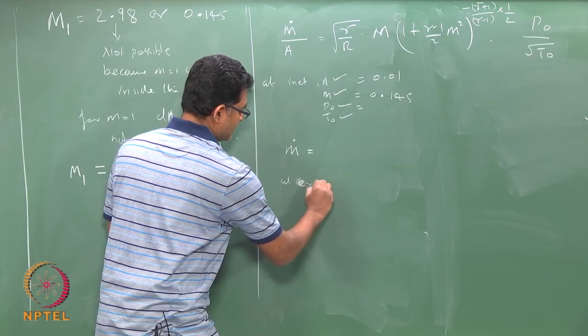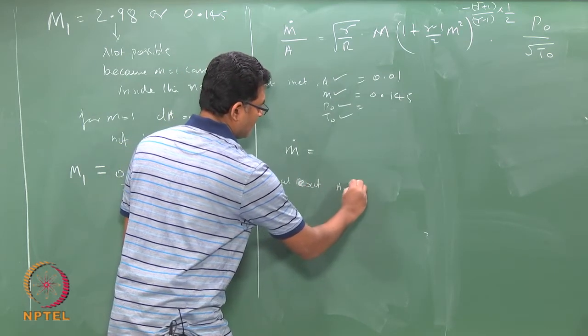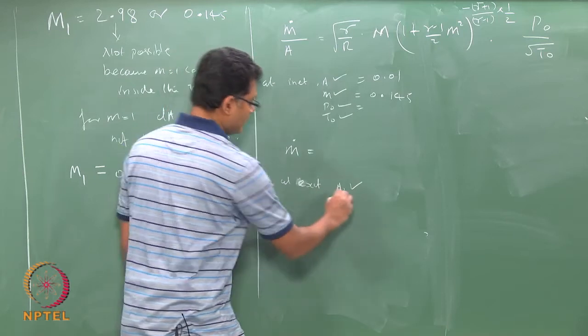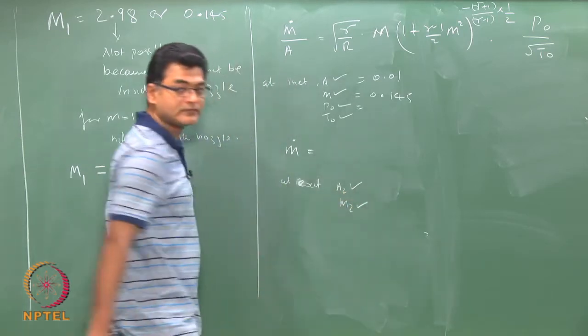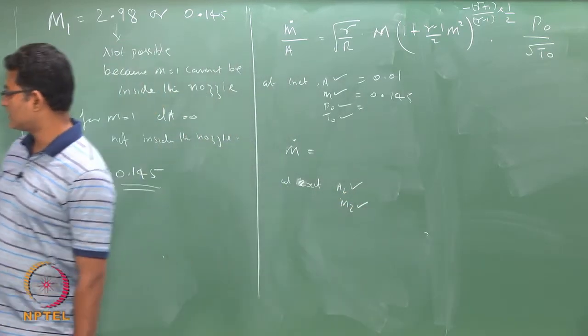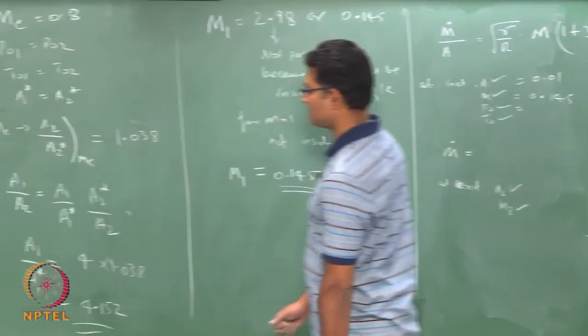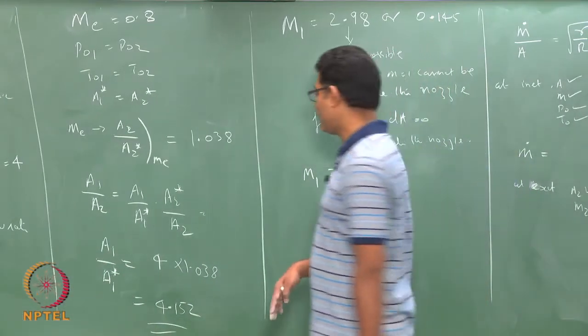So, if I know my area at the exit, I can use my M2, but since I do not know my area at exit, I use this. Area at exit, you can find it from your area ratio.